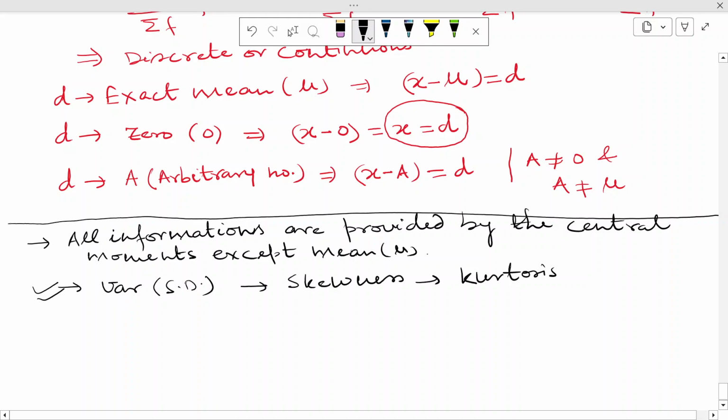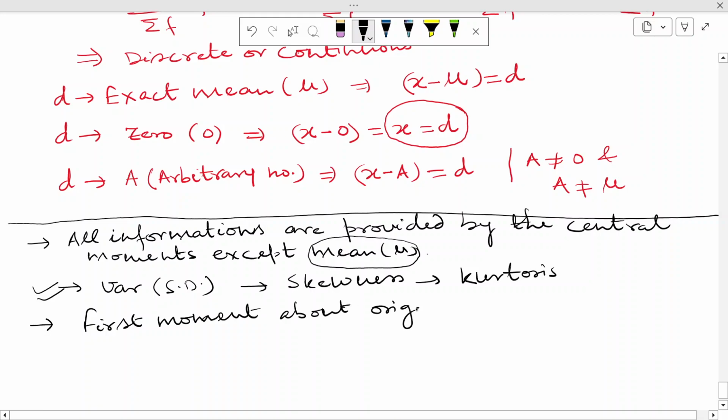However, the central moments will not provide any information about the mean of the data. So the mean is provided by the first moment about the origin, or you can say the number 0.